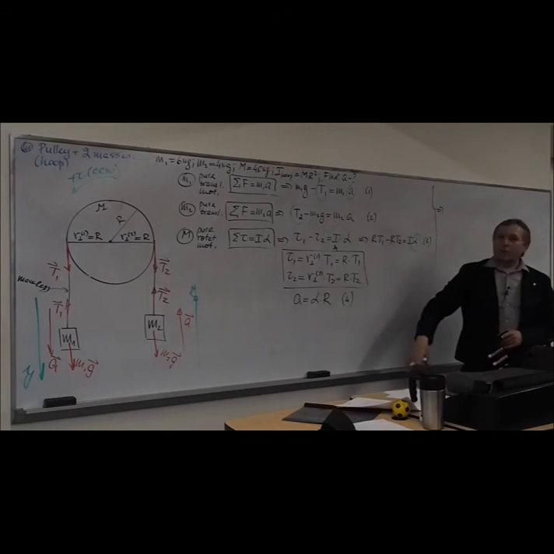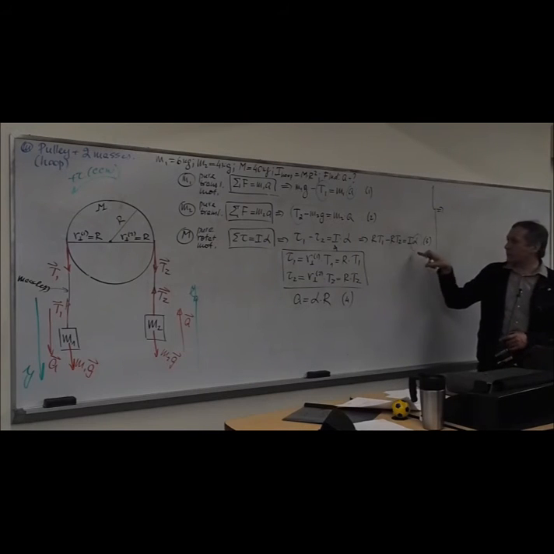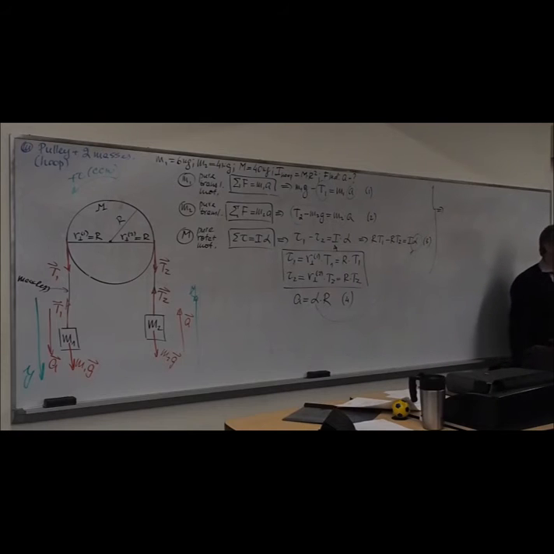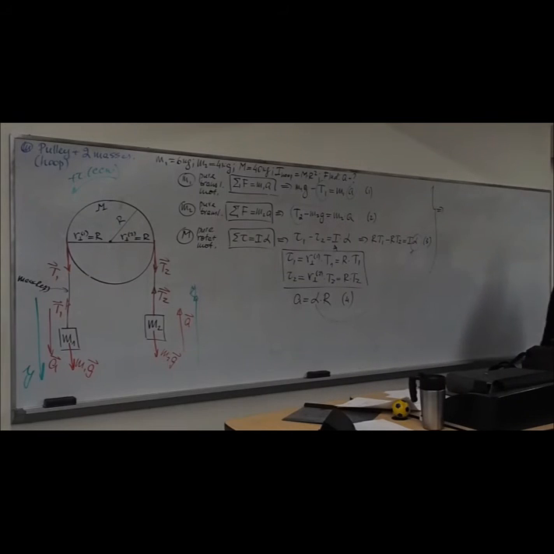Okay, so now let me continue. I will just rewrite this equation, this equation, this equation, plugging alpha in here. I will have 3 equations with 3 unknowns, and then I will solve it. It looks complicated, but if you follow the strategy step by step, you should be able to pull off this problem.